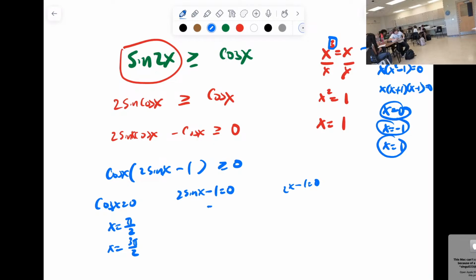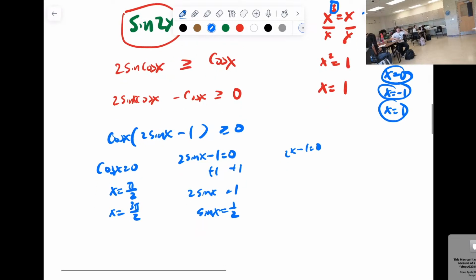Yeah, you move the 1. So it'd be 2 sine of x equal to 1, and sine of x equal to what? 1/2. And when sine of x equal to 1/2, Nicholas? Pi over 6. What else? Josiah, don't help him.